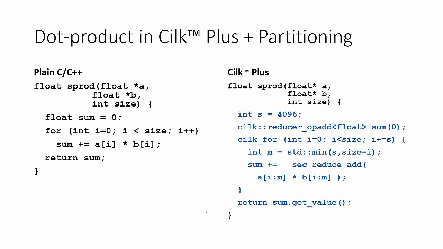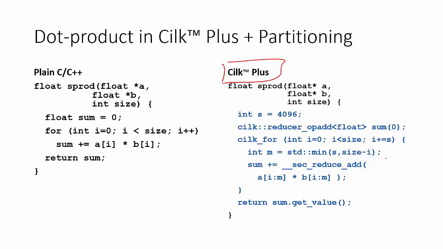Here is a way to do both vectorization and threading. This is also with Cilk Plus. Cilk Plus is a programming model that Intel promotes and which is also now part of the GCC compiler.